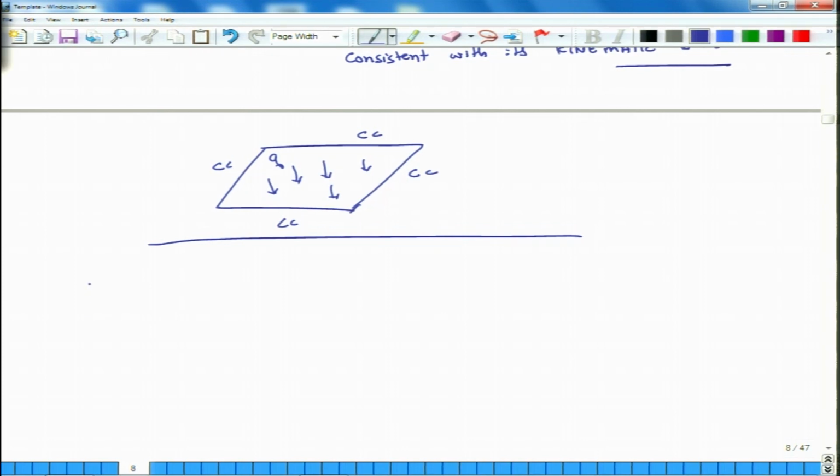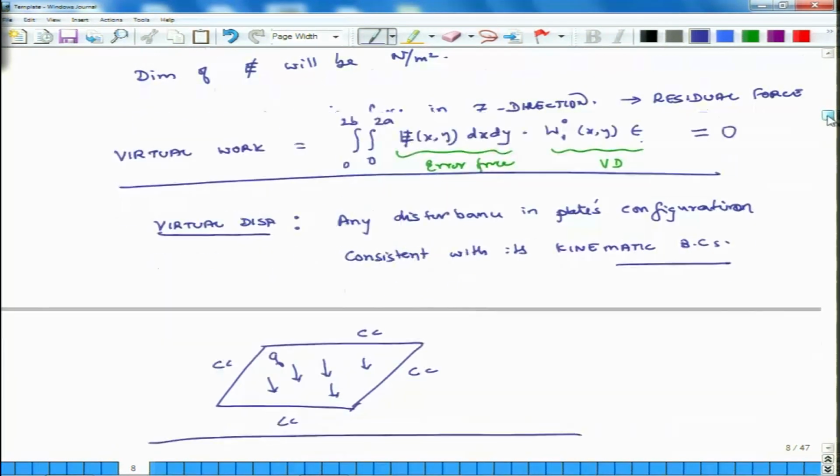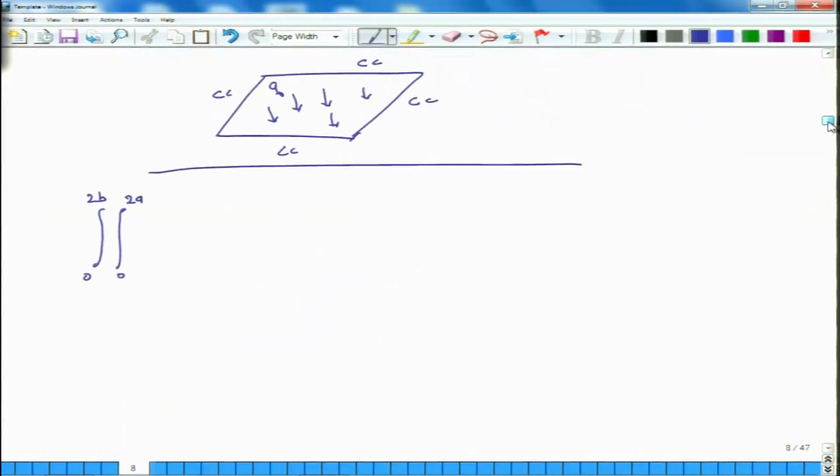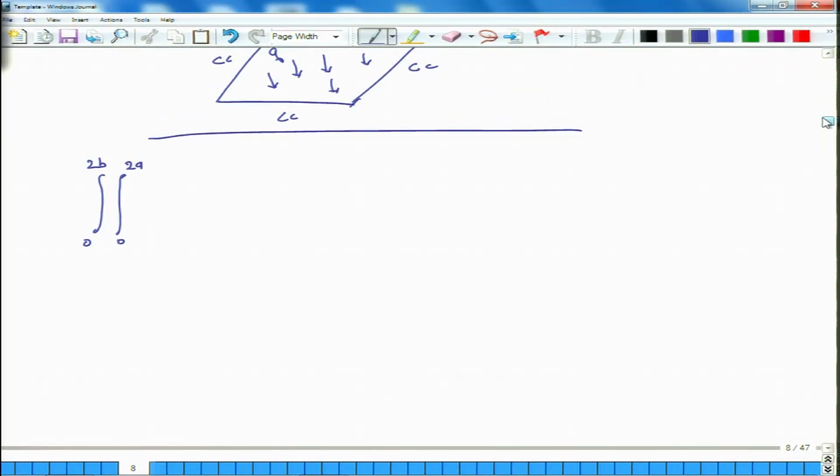So, we integrate it from 0 to 2a and 0 to 2b, and what do we integrate? Error times virtual displacement. So, what is error?